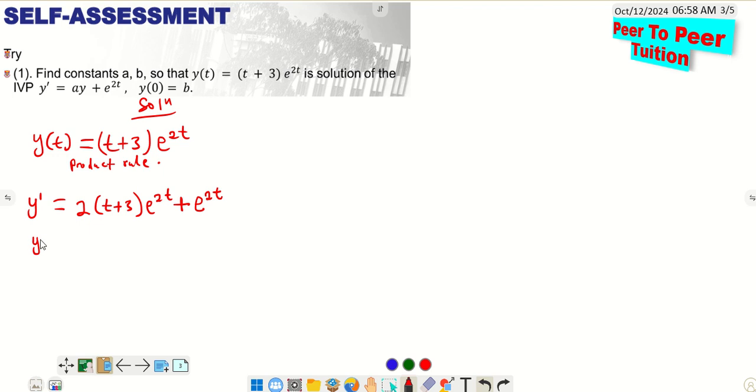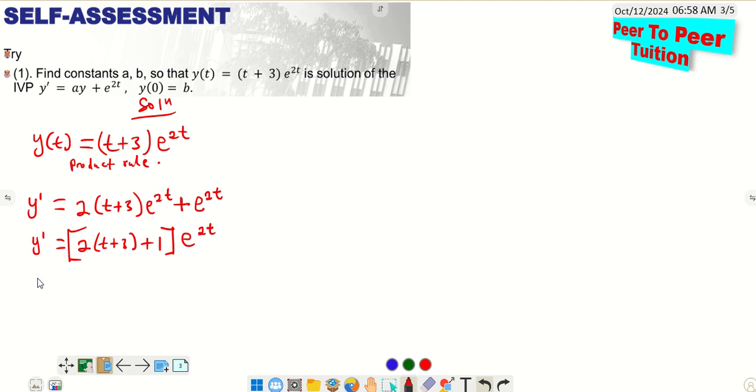Let's simplify this one further. This will give us y prime is equal to, factorizing e^(2t) out, 2 into bracket (t + 3) plus 1, all multiplied by e^(2t).